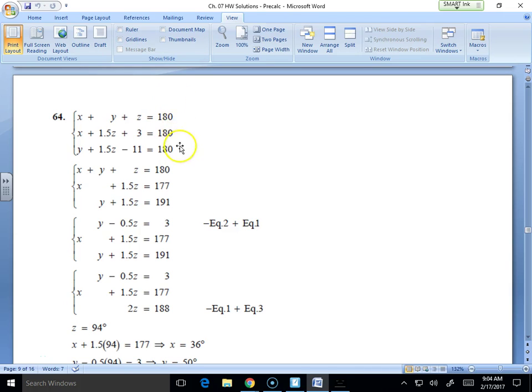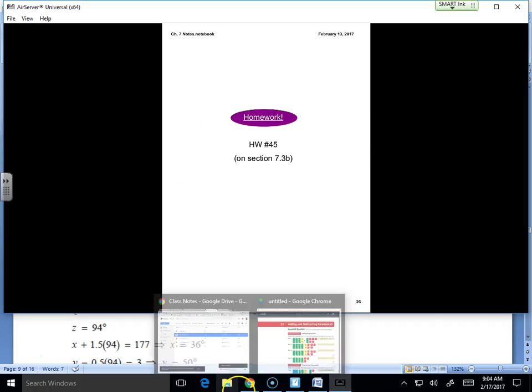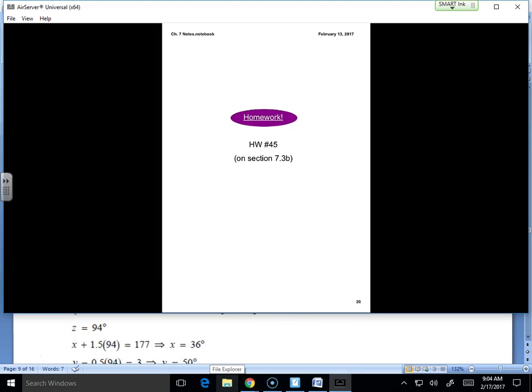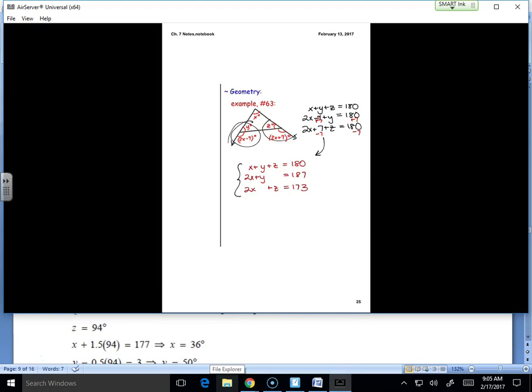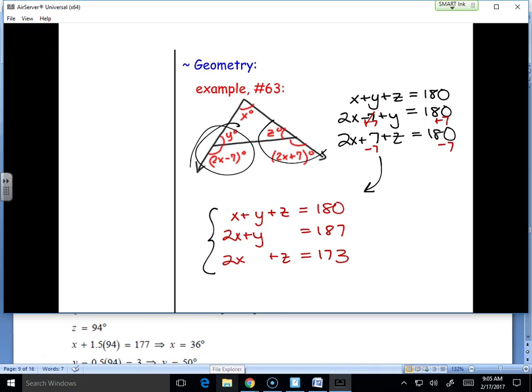Oh, this was 180s. Hey, that was your geometry one, right? Like yesterday? Where did those equations come from? Something like this. Equals 180, equals 180, equals 180, right?